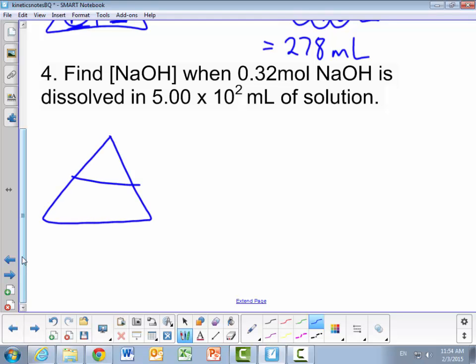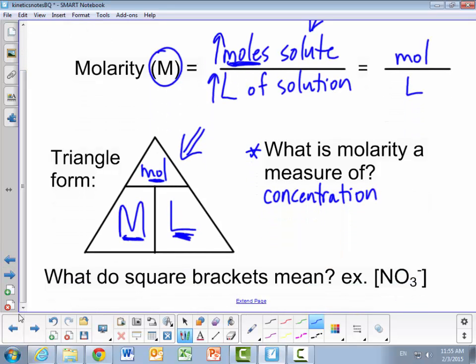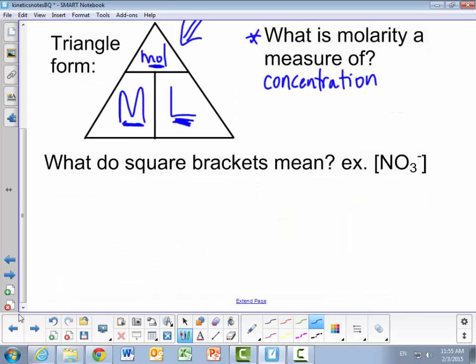Here's my molarity triangle. Now I just want to flip back a little bit. On the very bottom back here, sorry about that, what do square brackets mean? Square brackets mean concentration. So when I see this in writing, what I think about is, what is the concentration of NO3 minus?